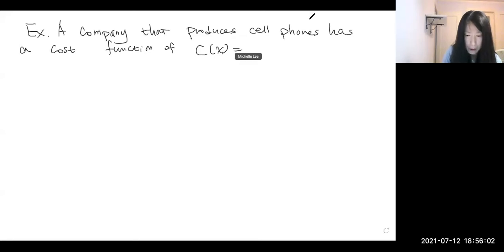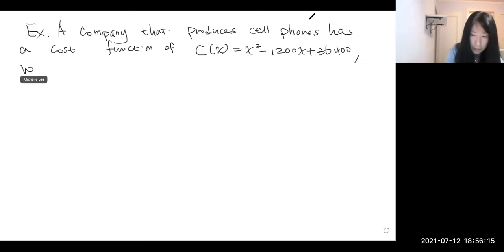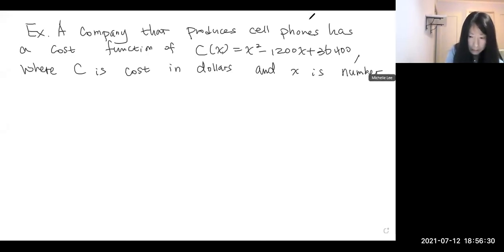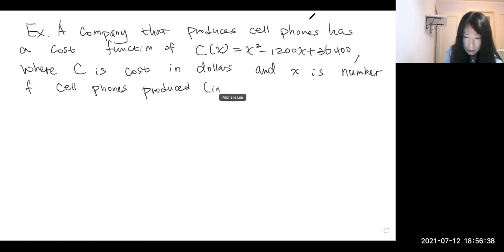Equal to x squared minus 1200x plus 36,400, where C is cost in dollars and x is the number of cell phones produced in thousands.